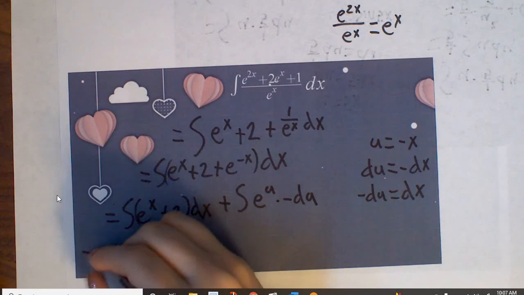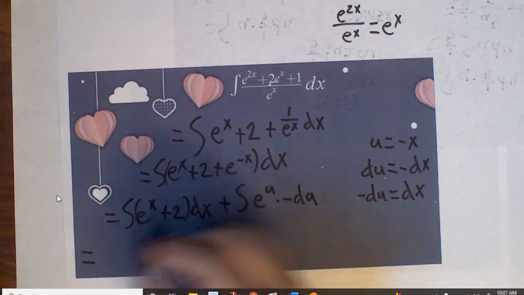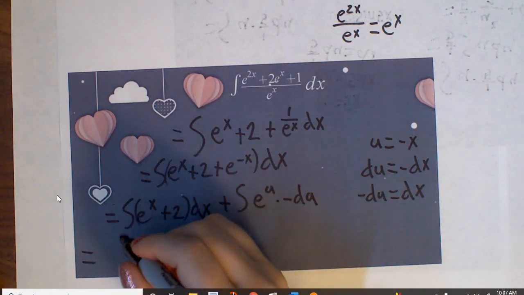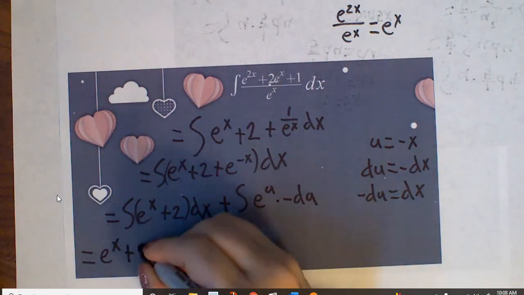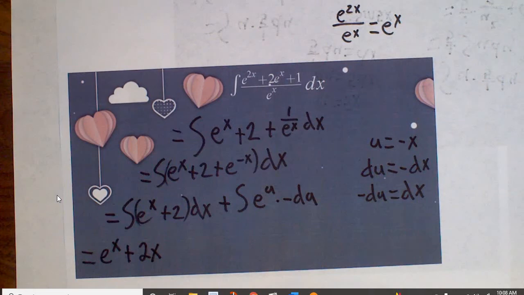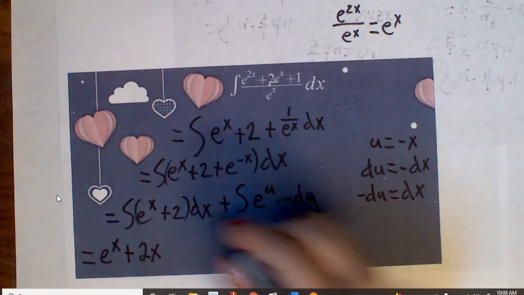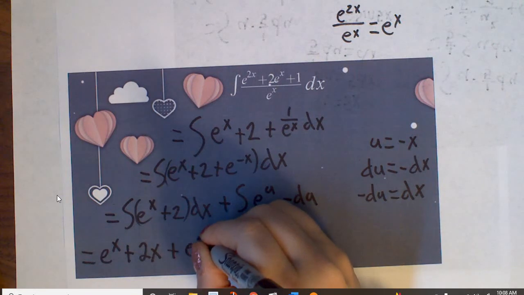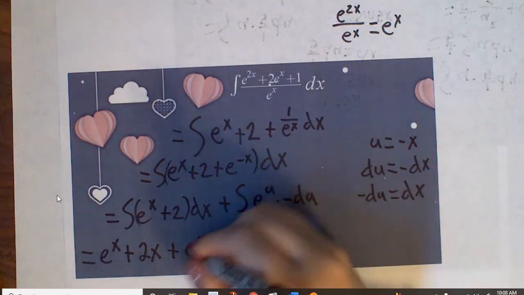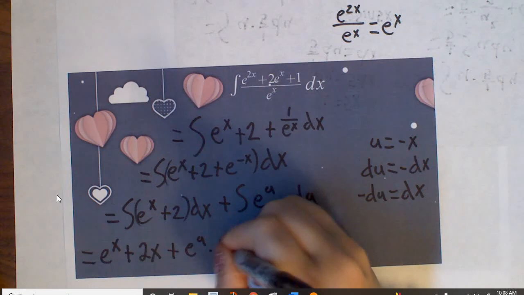So my first integral, so the integral of e to the x, or the antiderivative of e to the x, is just e to the x plus 2x. Again, my integral of e to the u is just going to be e to the u, but it is going to be times a negative 1.